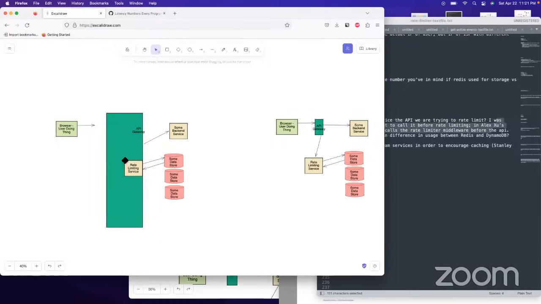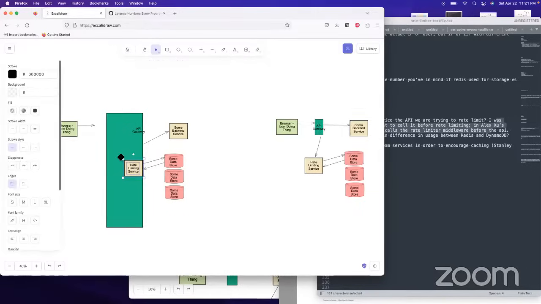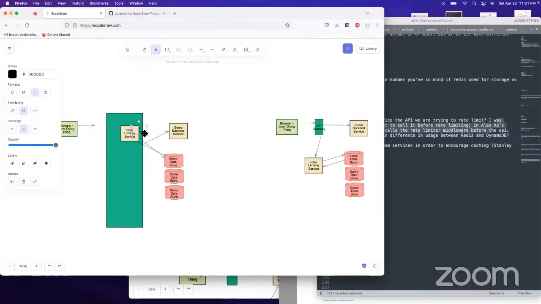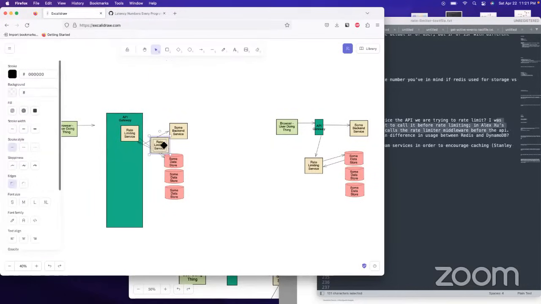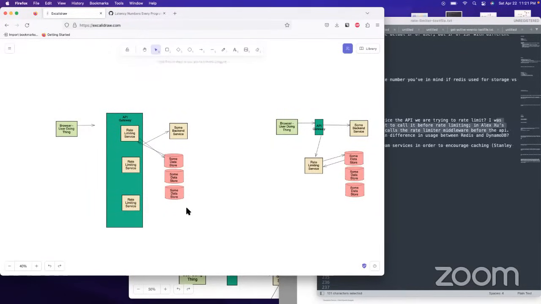Internally you might have a couple of machines in this API gateway service that have their own little instances. Go ahead and delete these, and I'm going to add. So we're going to have a request.